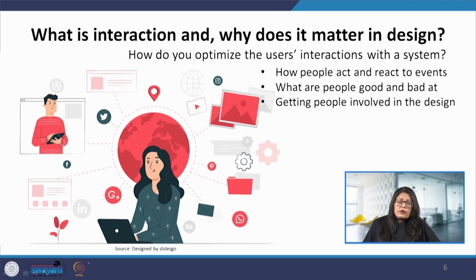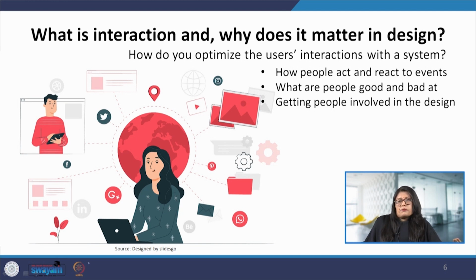Over time, human computer interaction or HCI has expanded not just from computers but to the overall information technology area. It has embedded itself into our lives, and it becomes important to ask how this interaction can be improved, or how we can optimize the user's interaction with a system or an interactive product.